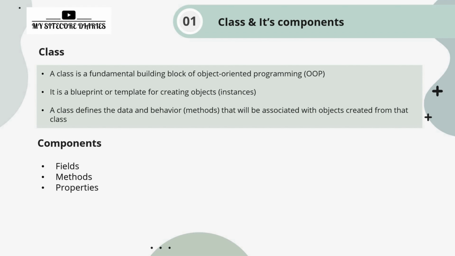Then you have a property, which is again data of your class. It is also used for encapsulation. Then you have a constructor, then access modifier, and the object. What is access modifier and what is object, we have already seen in our previous video. So in this video we are going to concentrate on fields, methods, properties, and constructor.